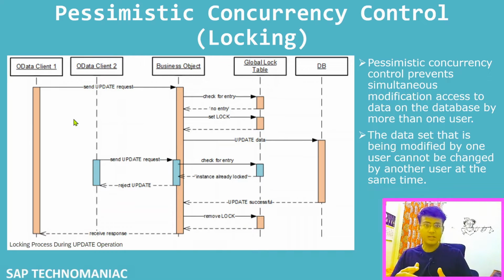For example, in this case, the OData client acts as a user for locking that particular business object instance. You can see this from this particular diagram.